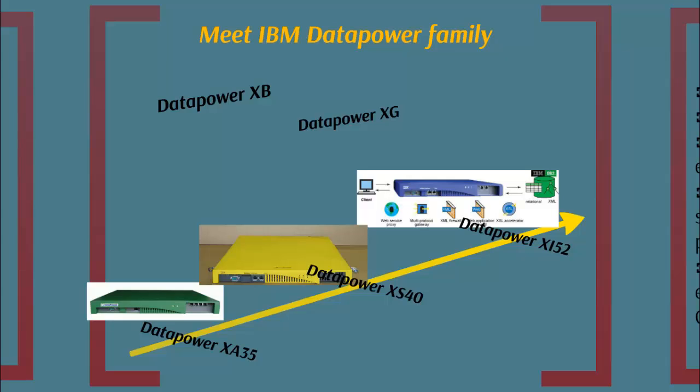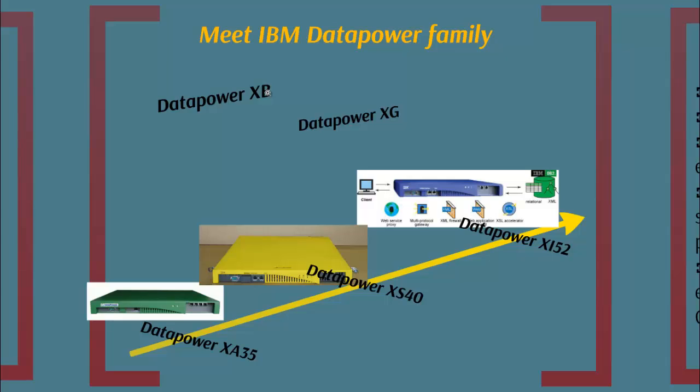XI52 is the top level appliance in the product family. So yes, there are other products that sit in between these major family members, for example XG45, which I have written over here, and for that matter the XB box, which is a B2B box.